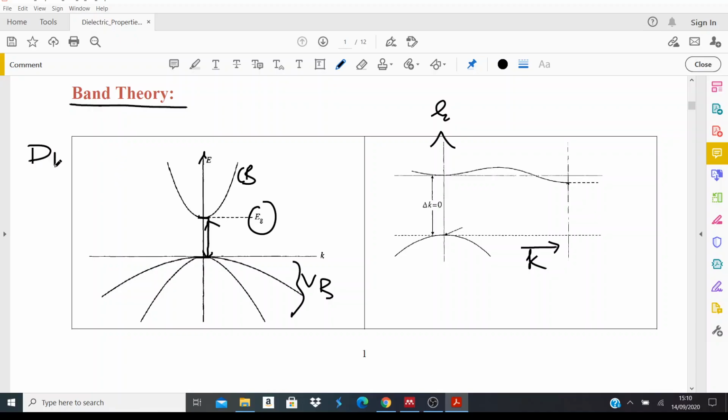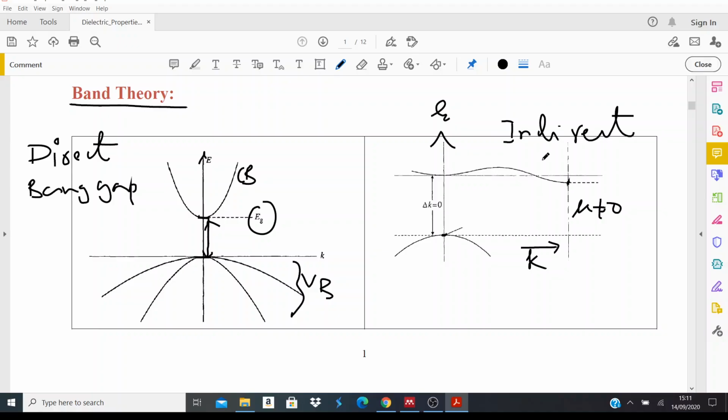And I know you already know these things from your undergraduate semiconductor courses. So this is a direct band gap material and this is an indirect band gap material, right? Where the conduction band minima and the valence band maxima occur at different values of k. So this is k equal to 0 and this is some value where k is not equal to 0, right? And this is our indirect band gap material.